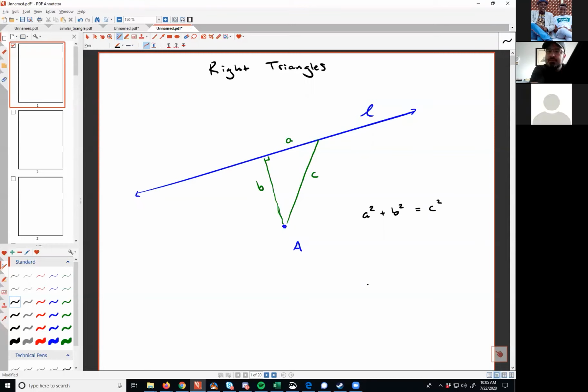We know that a squared is c squared minus b squared. That's true. Here's what we know about a squared.